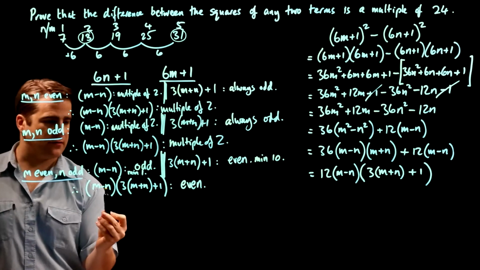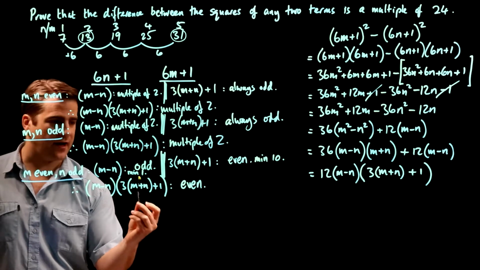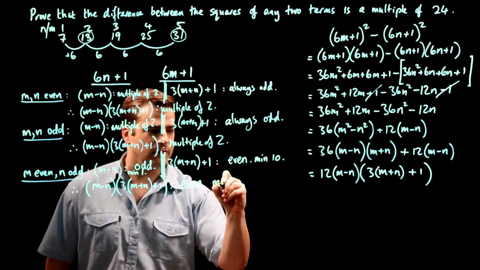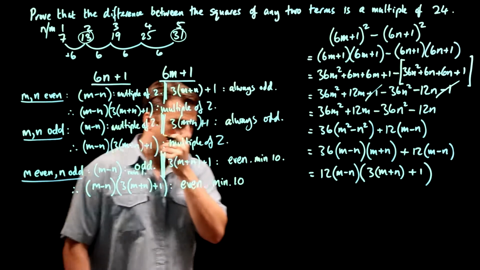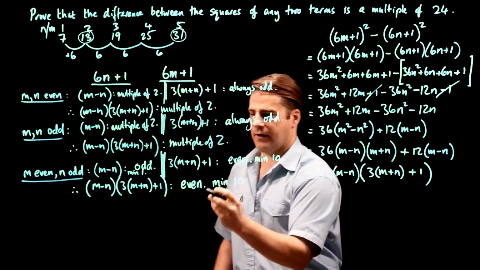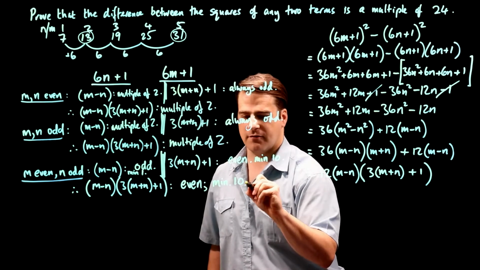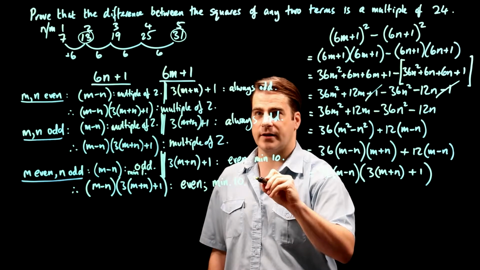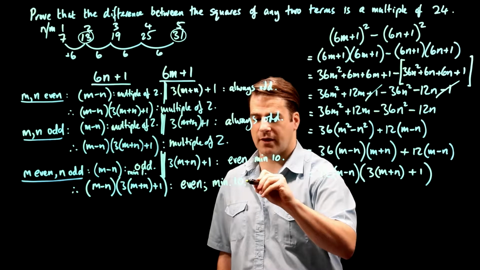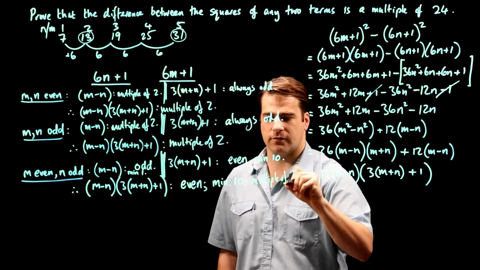So we've got something which is minimum value of 1 times 10, so the minimum value of the whole thing is 10. So therefore, if something is even and it has a minimum value of 10, then it's definitely a multiple of 2.